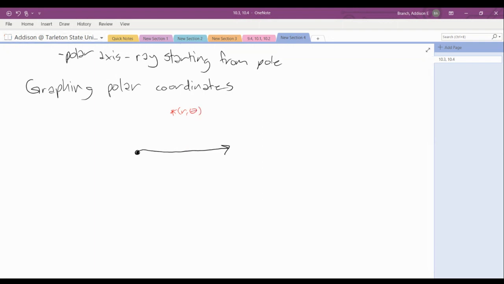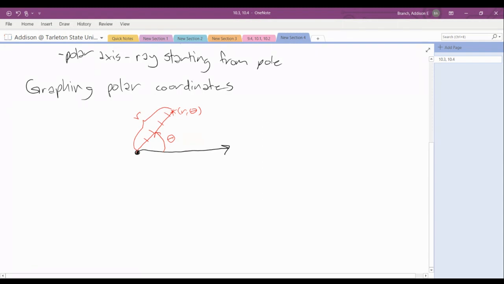Essentially what this means is that we went over and measured going counterclockwise from our polar axis our value of theta. And once again, this represents that we have gone our units.